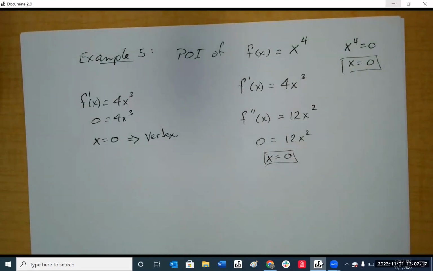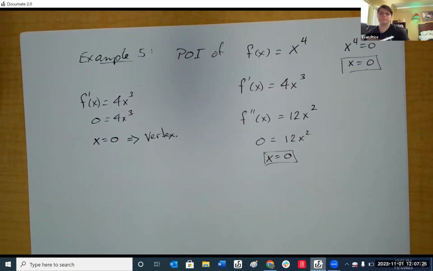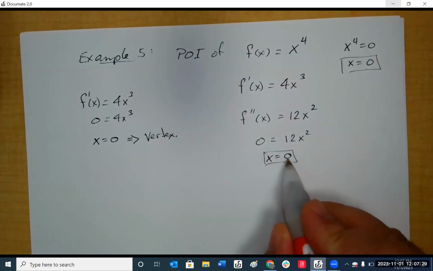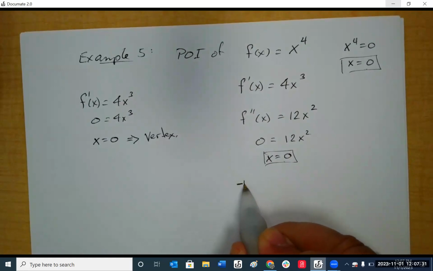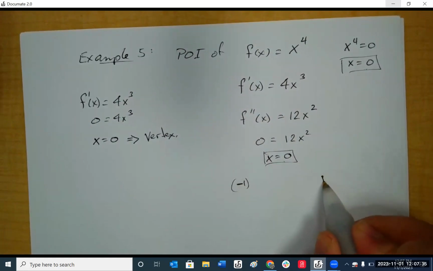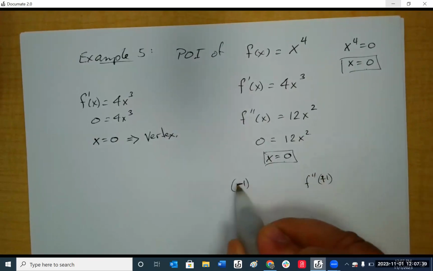But do we really have a point of inflection? Okay, if this is the point of inflection at 0, so let's say we put -1 in there, and we put +1 in there, in our second derivative.